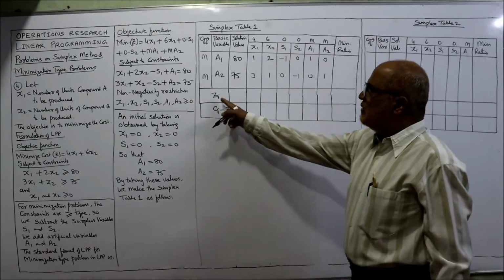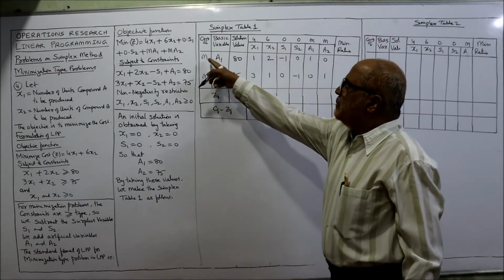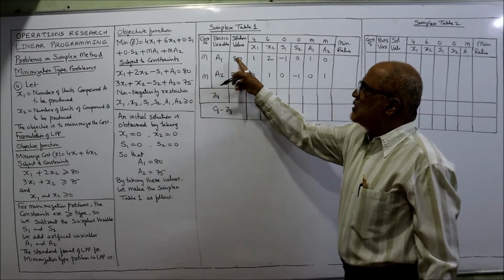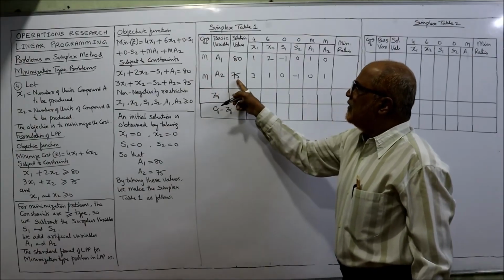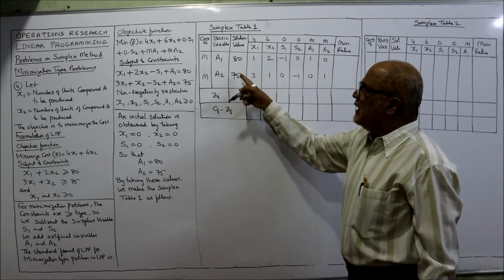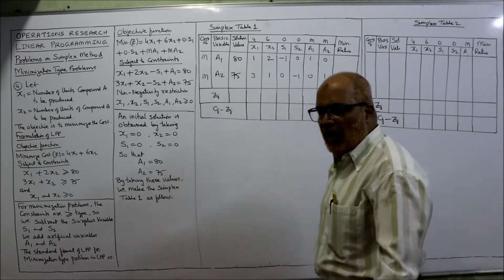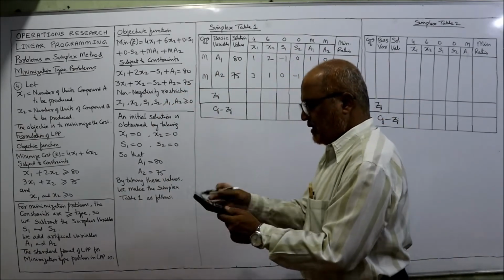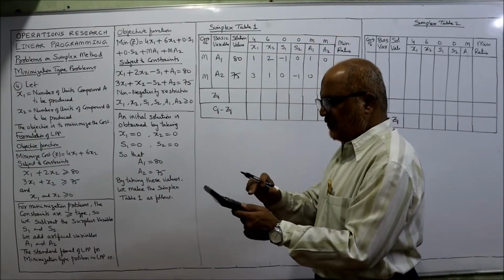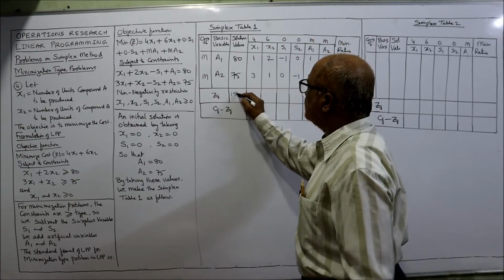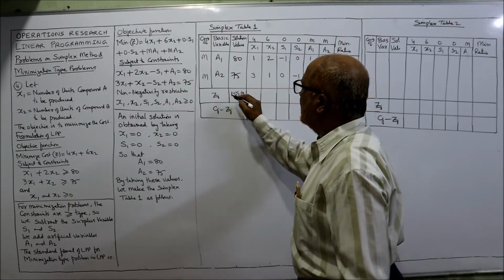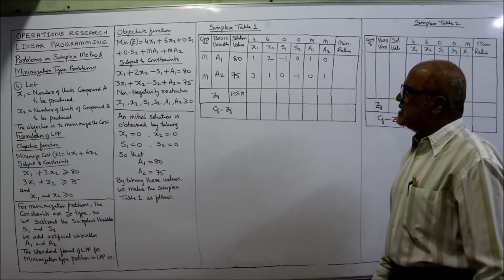Now as usual we calculate Zj, multiplying the Cj with these values. M into 80, 80M. M into 75, 75M. If you add up 80 plus 75, you will get 155M. 155M is the Zj value.